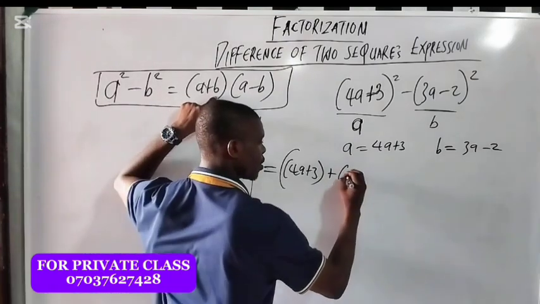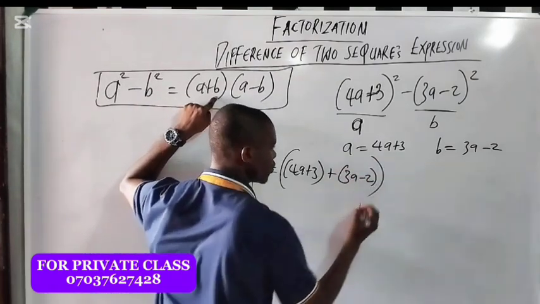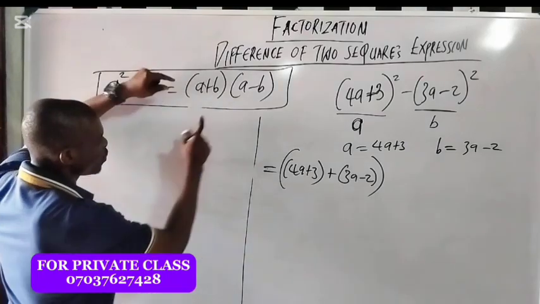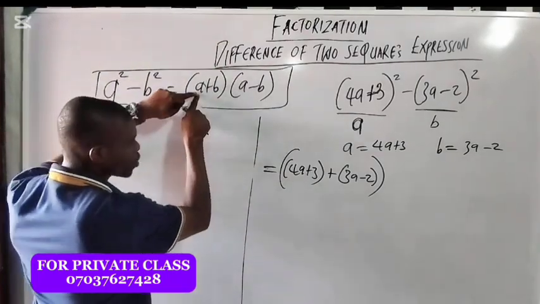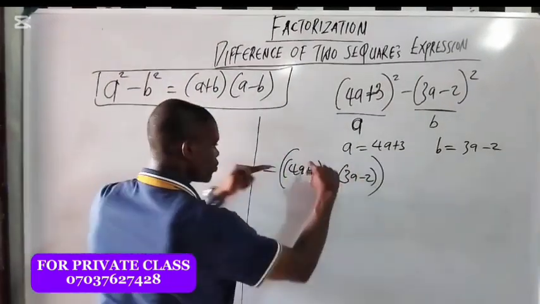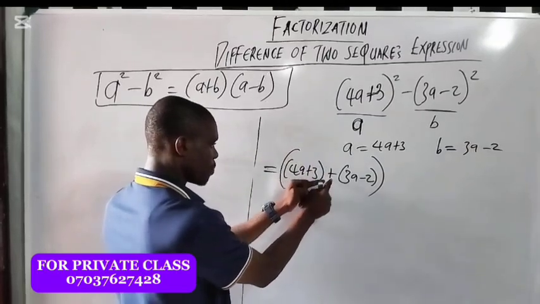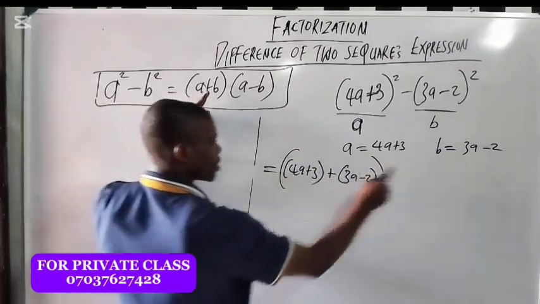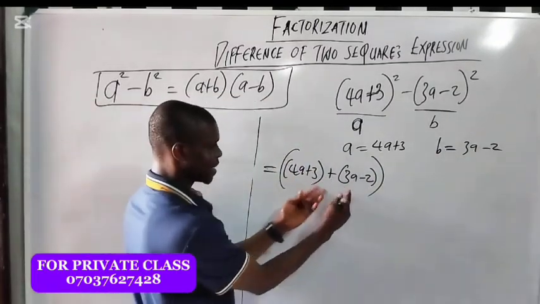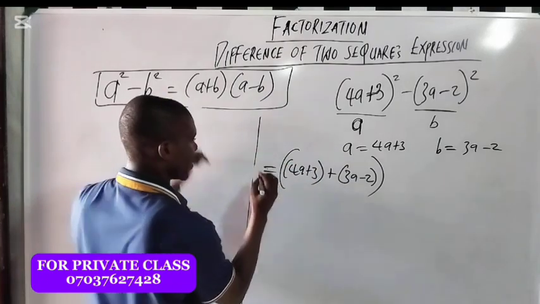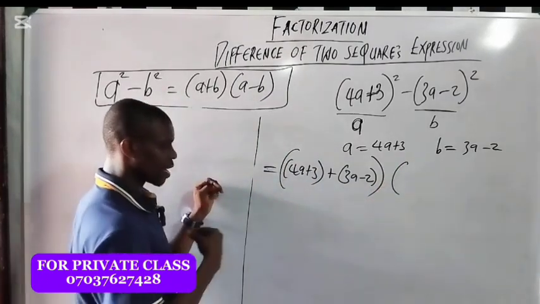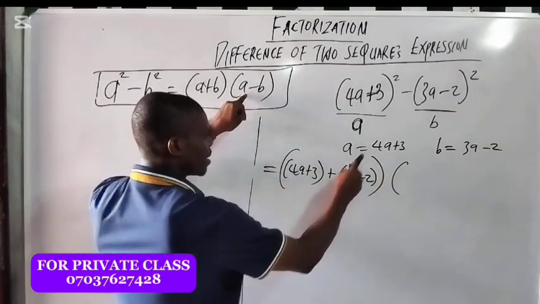What's my b? 3a minus 2. Remember there's a bracket: a is 4a plus 3, it should be in brackets so they are together, plus b is 3a minus 2, also in brackets. So you are done with this first factor. Next is the other factor, a minus b. What is a?